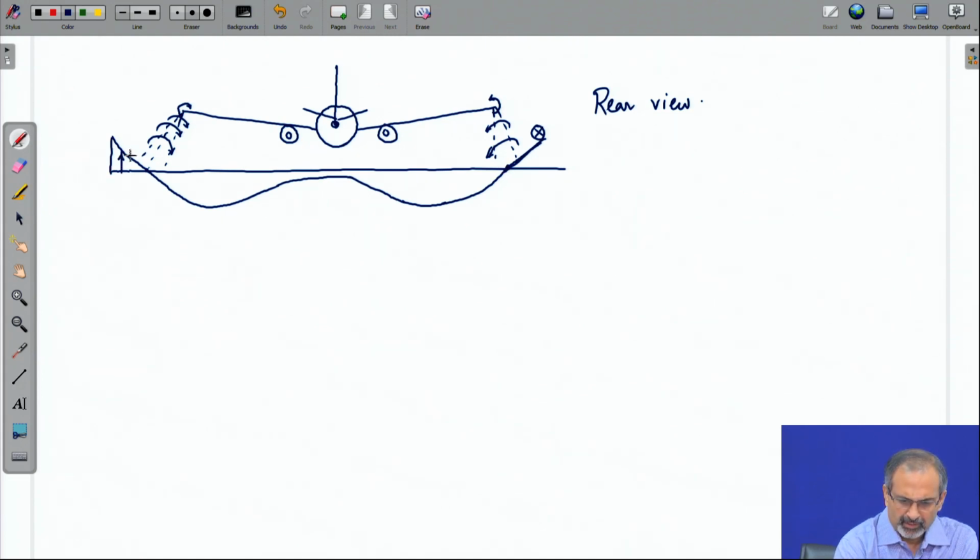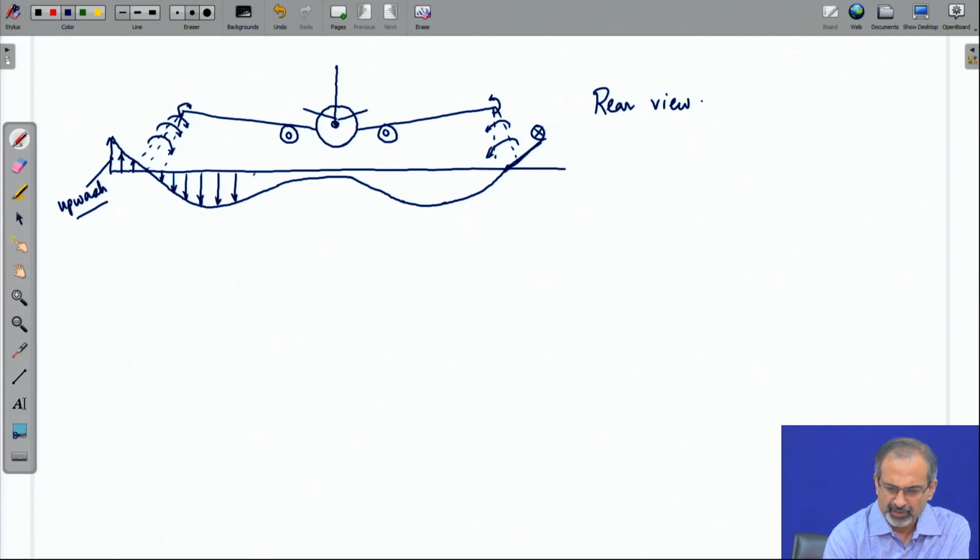So, beyond the wing tip, the velocity points upwards. So, this is what is called as an upwash effect, but that is not experienced by the wing. What is experienced by the wing is the downward movement which is induced by the wing tip vortex which impinges on the wing.